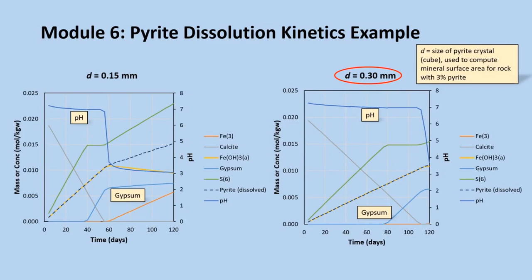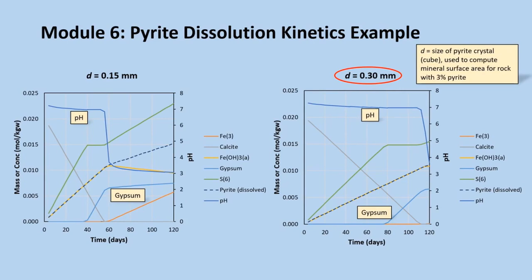So here are the time-dependent simulation results for two different scenarios I ran using this particular rate law. The first one on the left is for pyrite crystals that are modeled as perfect cubes that are 0.15 millimeters on a side. At a concentration of 3% of the rock by weight, you can work out the specific surface area for this. You can see that the pH drops to a rather acidic condition just before 60 days as calcite, which buffers the pH in this model, is exhausted.